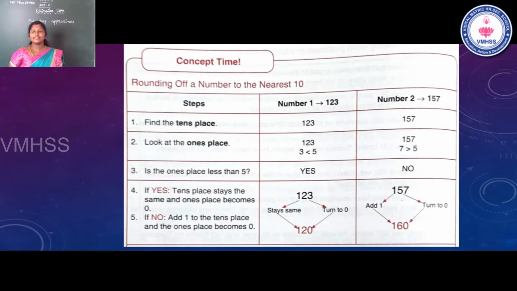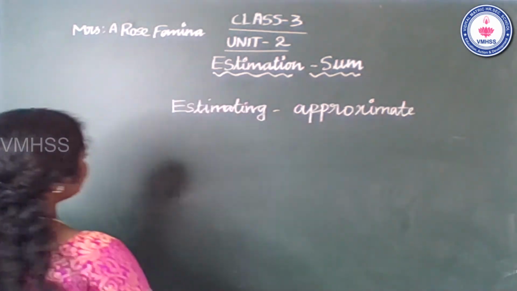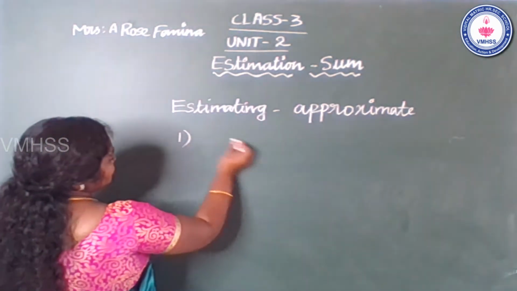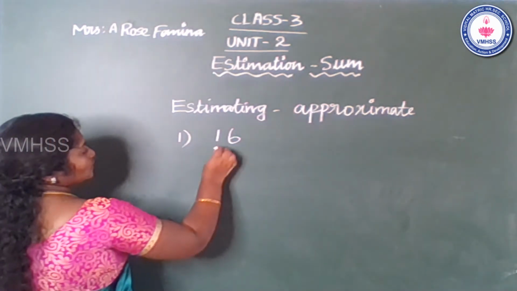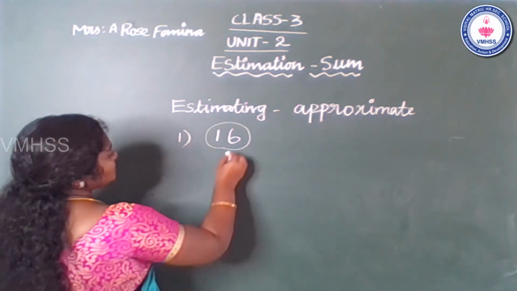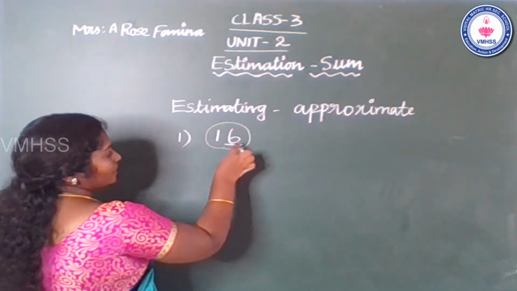Students, see the board, all of you. Some examples of rounding the value. First number, 16. First you see the ones place.